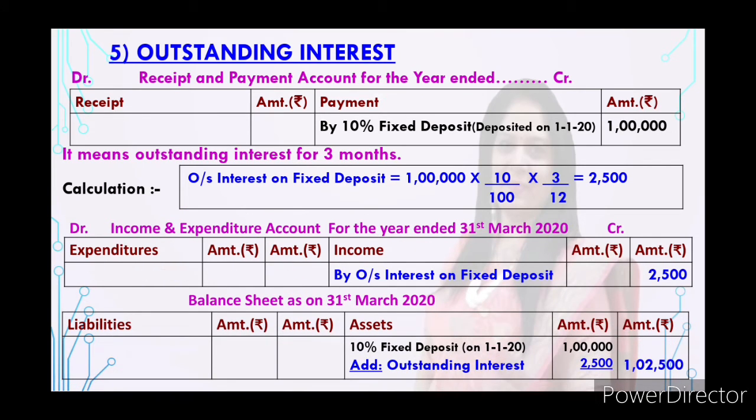First effect: you have to give in income and expenditure account credit side, because fixed deposit is an asset and on an asset interest is earned, therefore this is income. On the income side you have to record by outstanding interest on fixed deposit 2,500. Second effect: in balance sheet asset side, 10% fixed deposit 1 lakh plus outstanding interest 2,500, so in the outer column you will record 1 lakh 2,500.